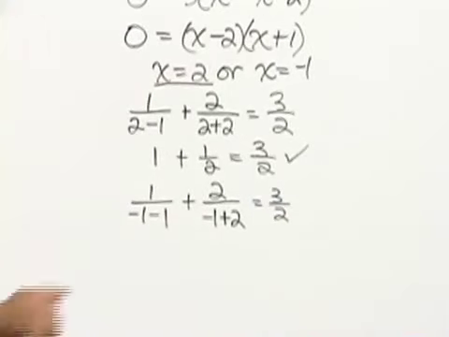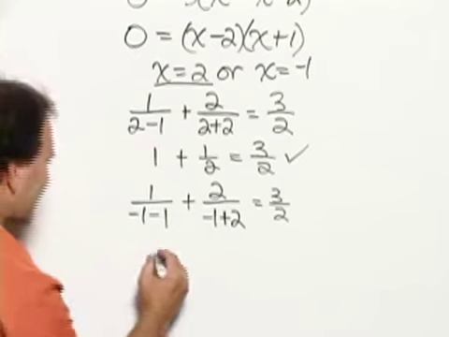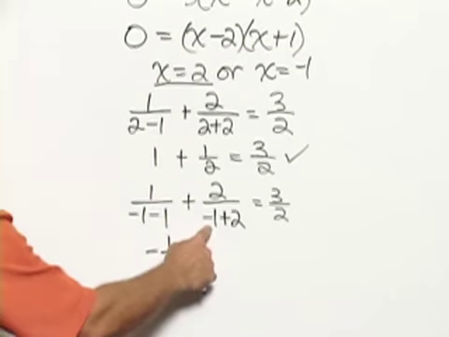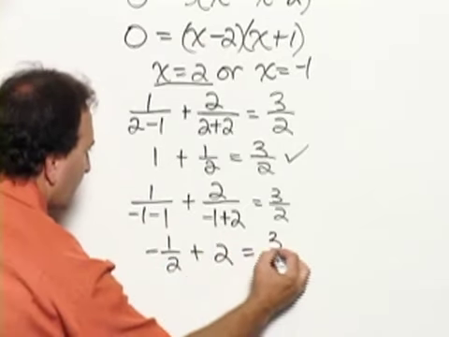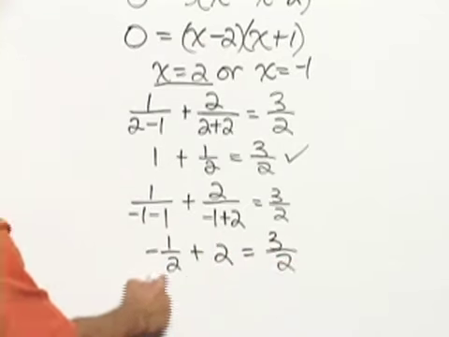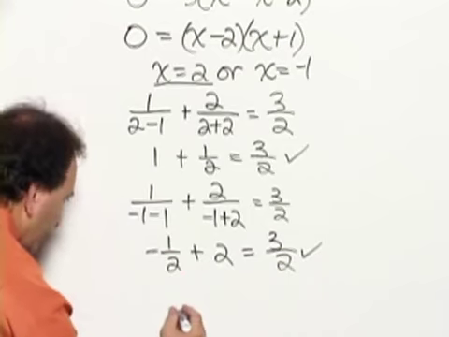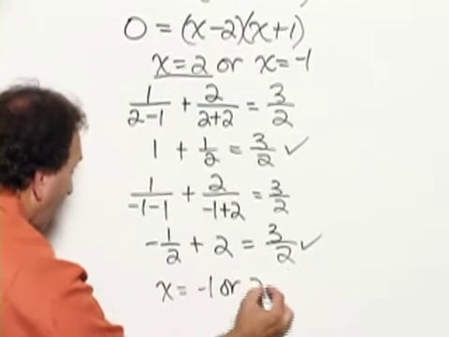Well, the first fraction, 1 over negative 1 minus 1, is negative 1/2, plus 2 over negative 1 plus 2 is 2 over 1, so that's plus 2. And of course, negative 1/2 plus 2 is 1.5, and that checks. So our two answers that both check, x equals negative 1 or 2.